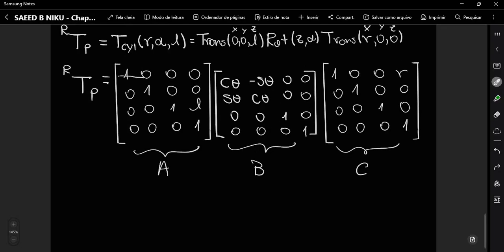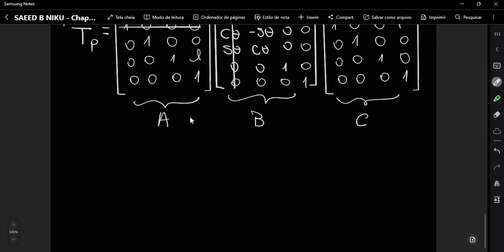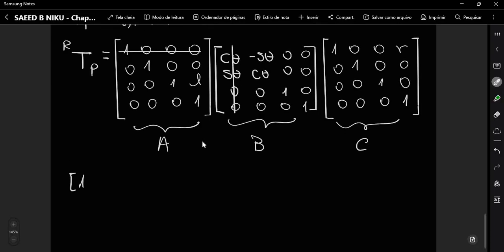We will multiply this row by each column. So it is 0, 1, 0, 0, 0 multiplied by this column: cosine of theta, sine of theta, 0, 0.